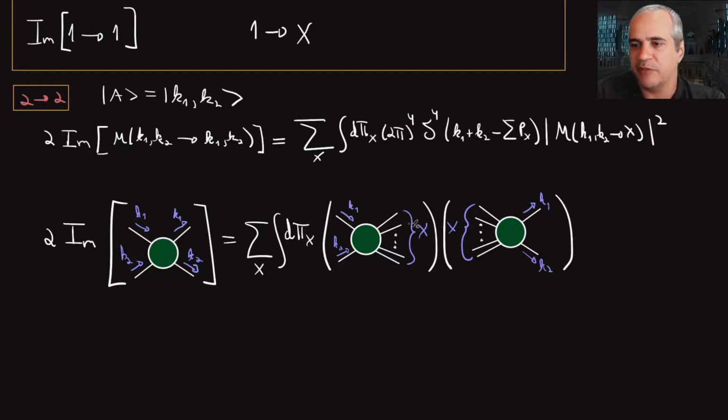Also charge conservation: everything that could make one of these guys zero will make it so they don't contribute to the imaginary part on this left-hand side.